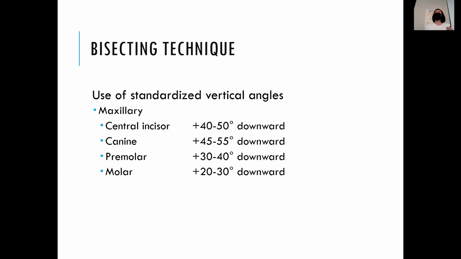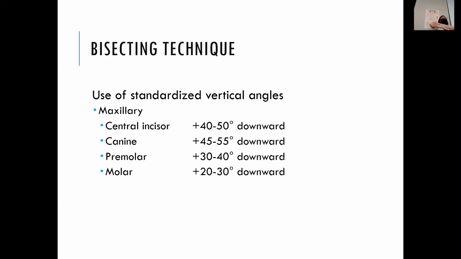So here are the standardized vertical angulations for the maxillary teeth. What we're talking about here is how you're moving your BID up and down. That's the vertical angulation, and there's that dial that has some numbers. We've been telling you to set it to roughly 7 to 10 degrees for bitewings, like a gentle slope of your BID.